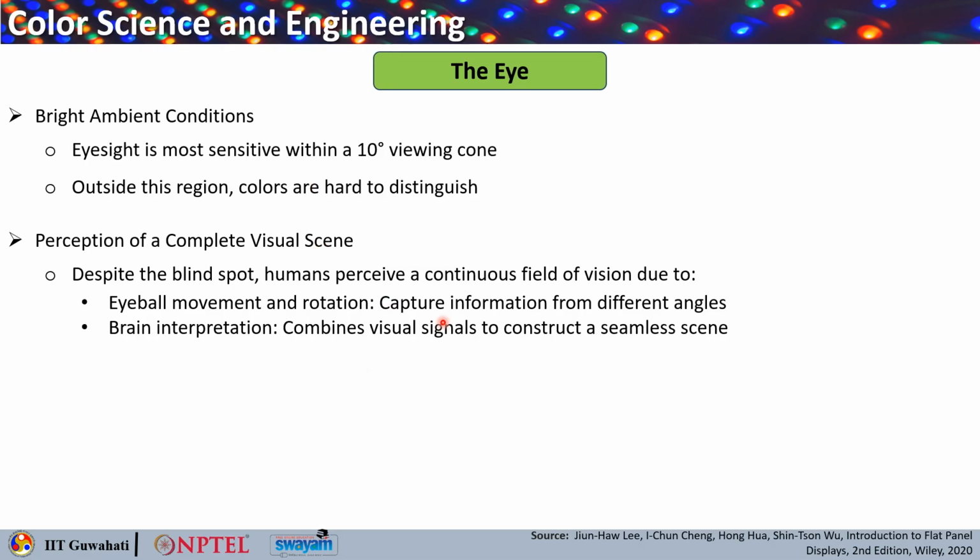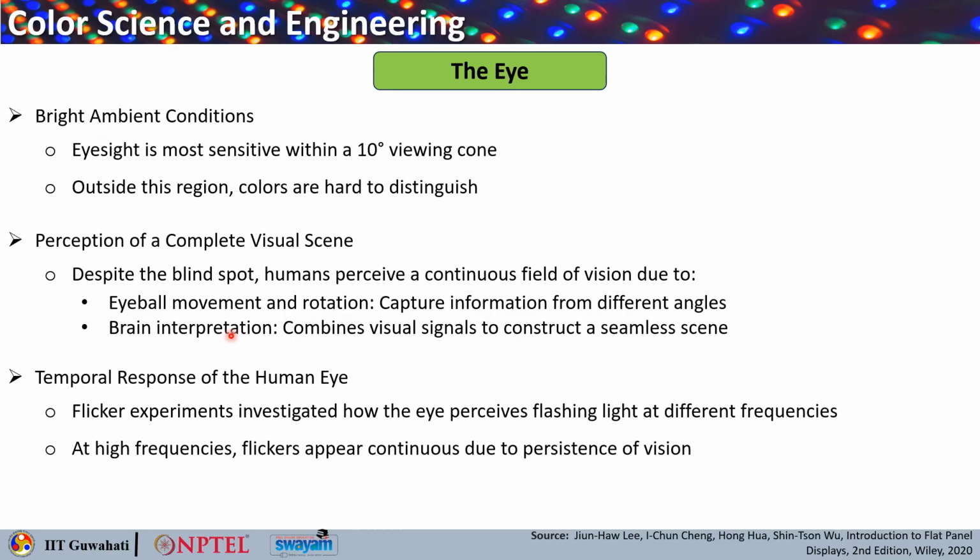You are capturing information from different angles, and your brain combines all those visual signals to construct a seamless scene. It is getting stitched in your brain to give you a continuous image. So, the blind spot is not creating any issue.